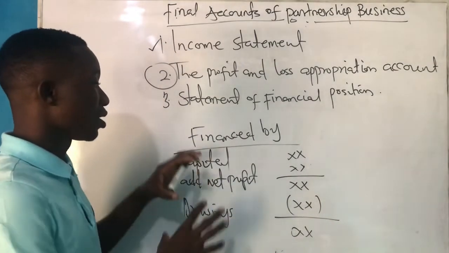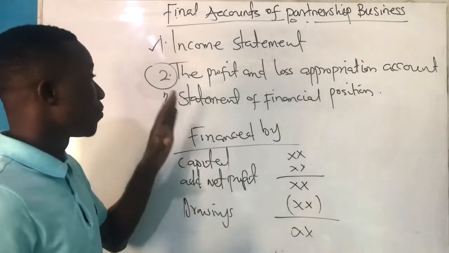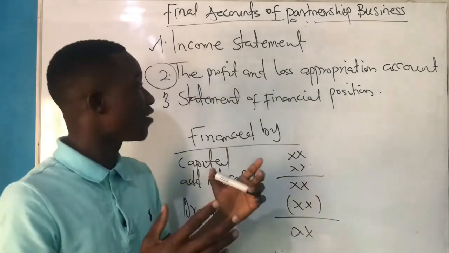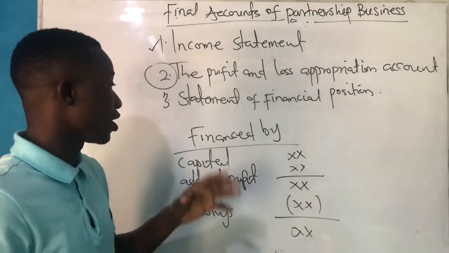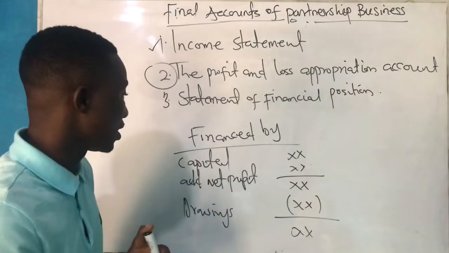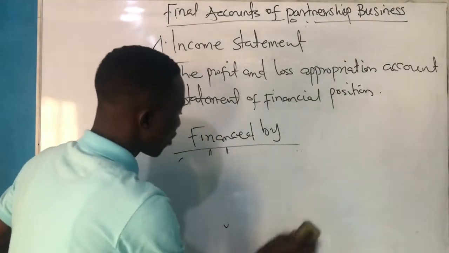But for partnership, the presentation is quite different. Because the partners are two or more, we normally have the capital account balances for the individual partners and the current account balances for the individual partners. So for the case of partnership, this is what we do.